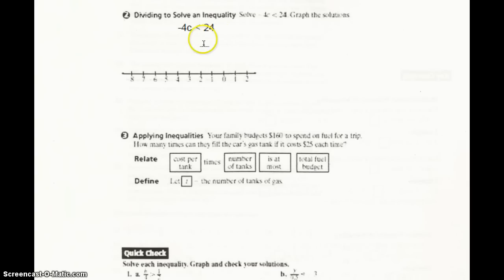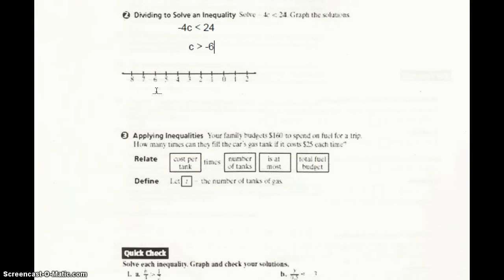Okay, so in this case, I'm just going to do that one step, and we see that if we have -4c less than 24, I'm going to divide both sides by -4 to get my c alone, and when that happens, I'm dividing by a negative, so flip the sign, and I got 24 divided by -4, I got -6. So as long as we're remembering to flip that sign, then everything should work out just fine.